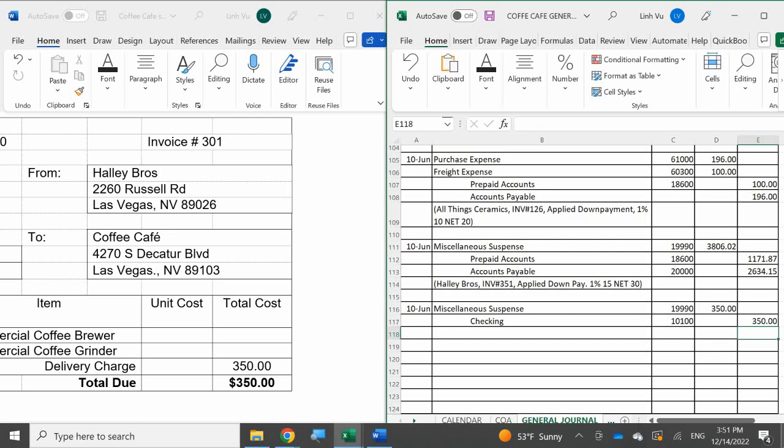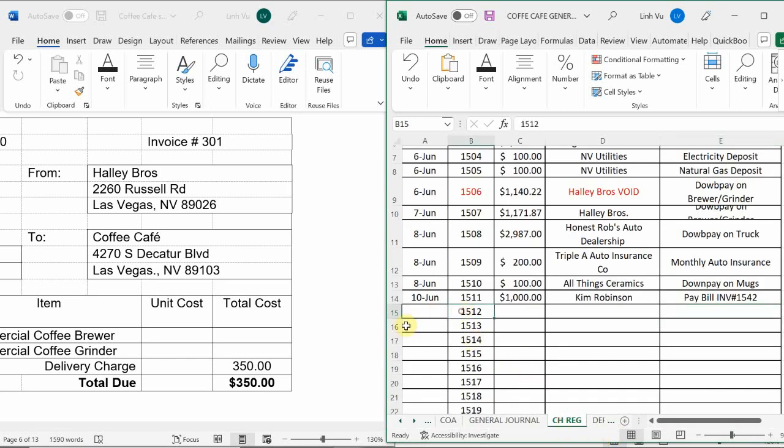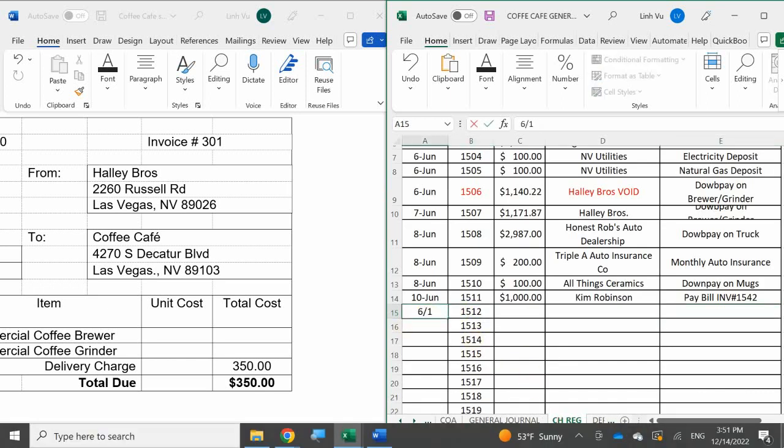Okay, $350. So go ahead and write the check out. So it is still the 10. We wrote the check out for $350. To whom?